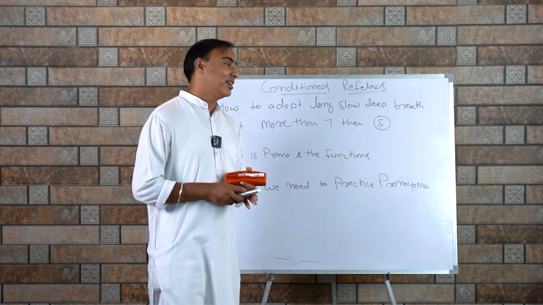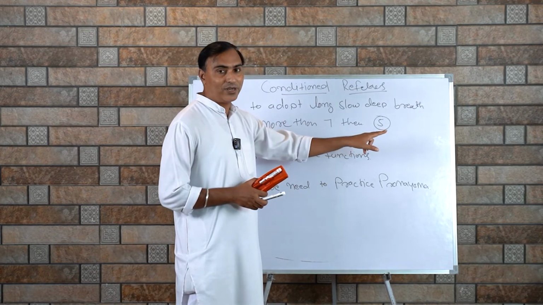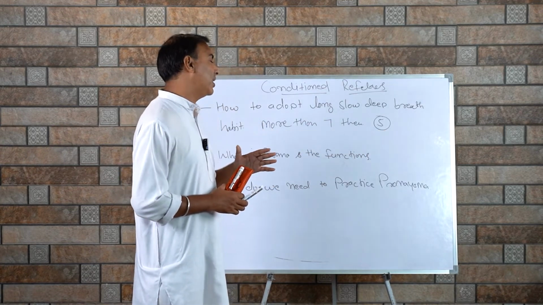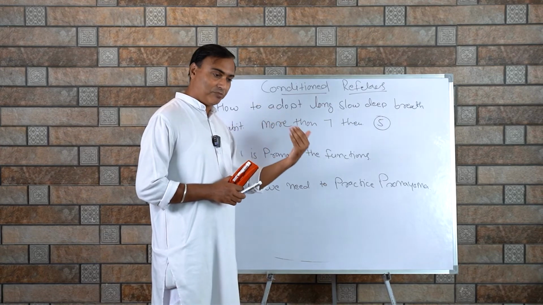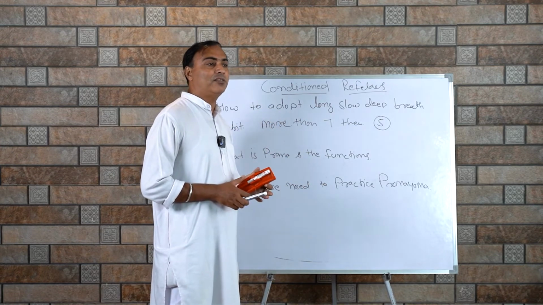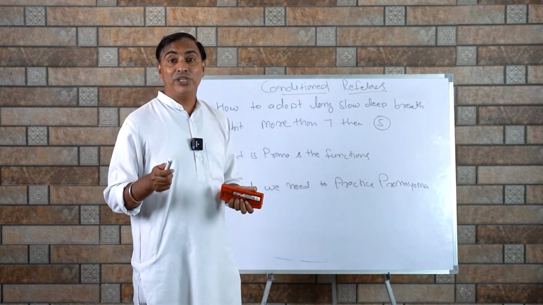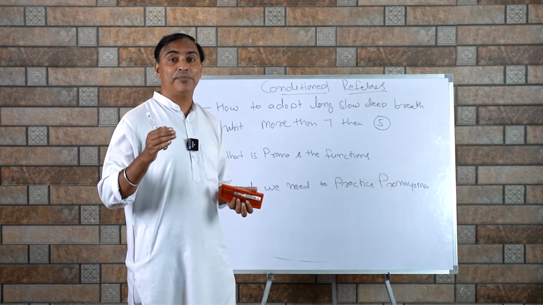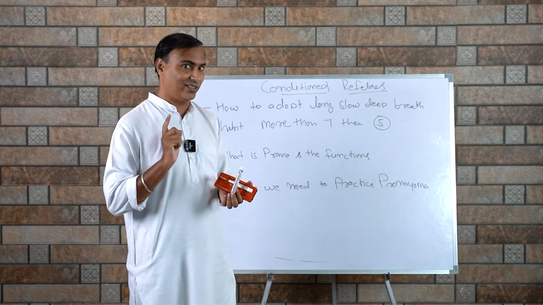Okay, so this is the first technique among these 5 which we cover in the 200 Pranayama course, the conditioned reflex. And there are many more techniques, and some techniques show how to continue these long, slow, deep breaths during the sleeping hours in the night unconsciously.